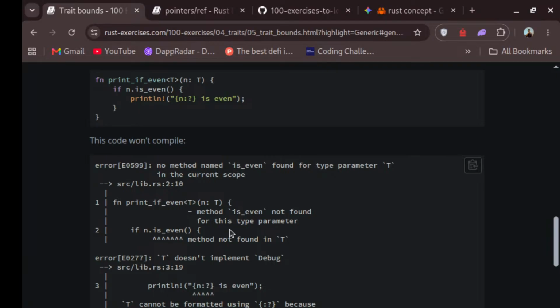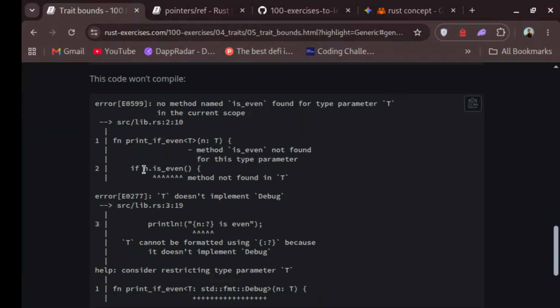That means this type parameter doesn't have this is_even method, right? The n.is_even method is not found in T. T does not implement Debug. T means type, right? T cannot be formatted using the formatter because it does not implement Debug.